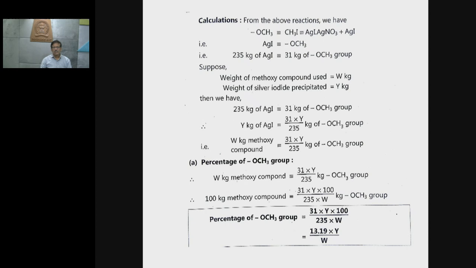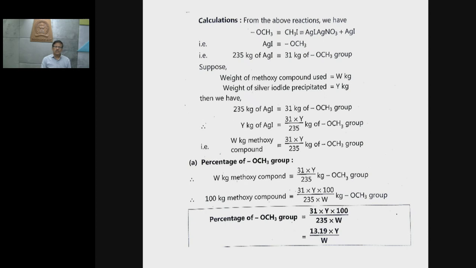Now see the calculations, how we can calculate the percentage of methoxy group and number of methoxy groups. From the reaction we carried out in this experiment, 1 mole of OCH3 generates 1 mole of methyl iodide, and this 1 mole of methyl iodide gives us a double salt AgI.AgNO3, and it gives AgI.